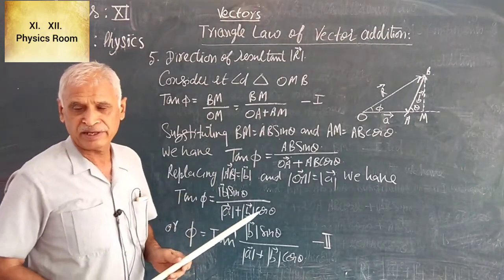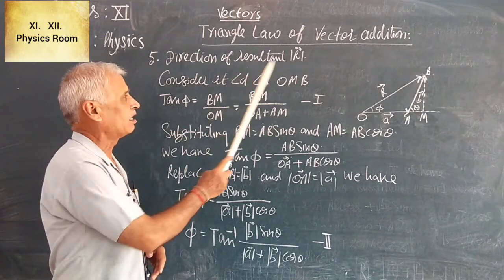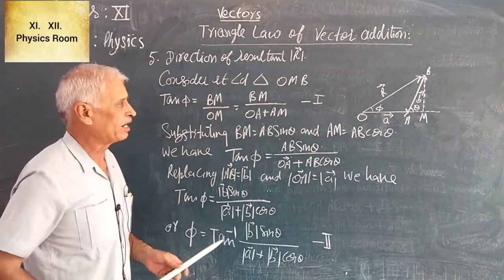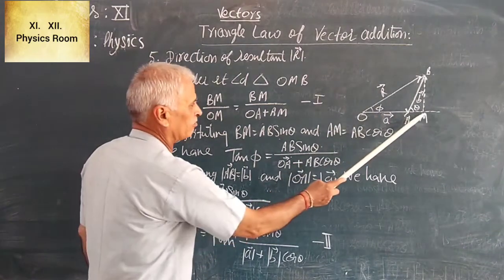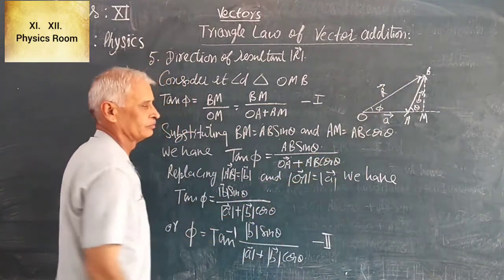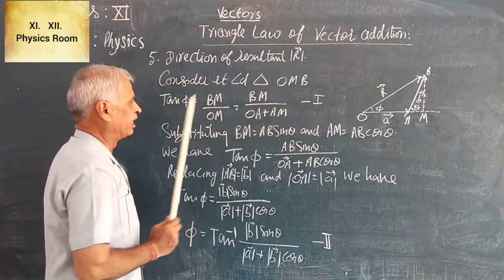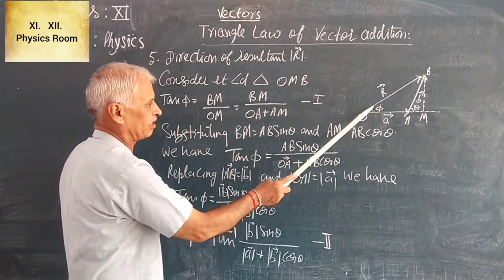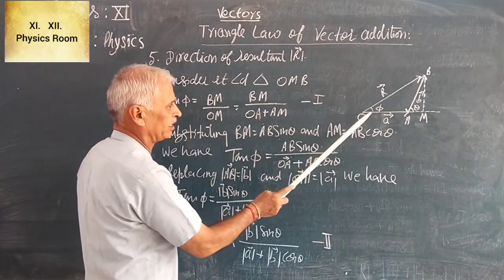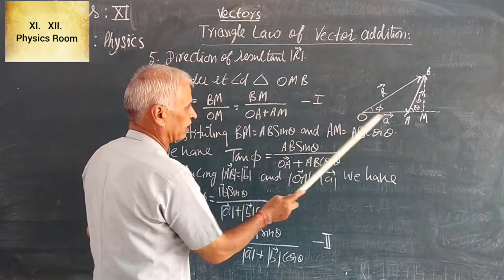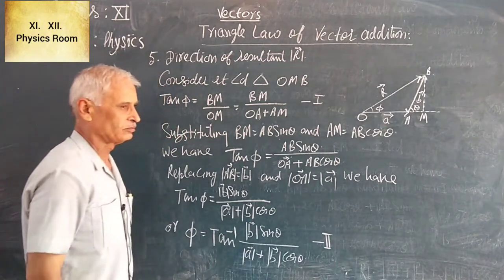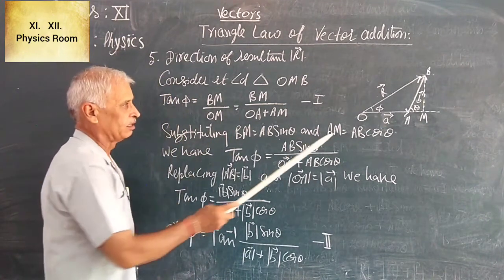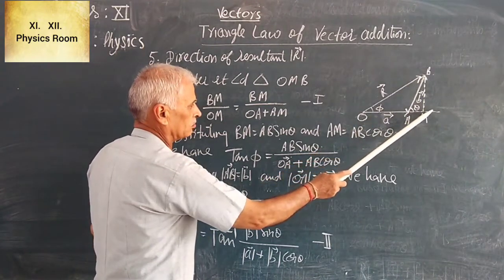Now let us find direction of resultant R. Consider right angled triangle OMB. We have to find out tangent phi. Phi is the angle of inclination of resultant with vector OA. Tangent phi is perpendicular over base.